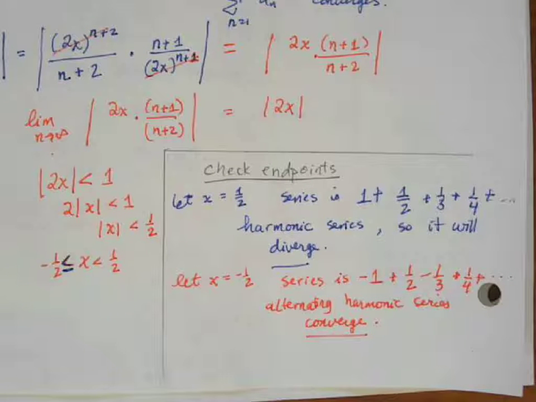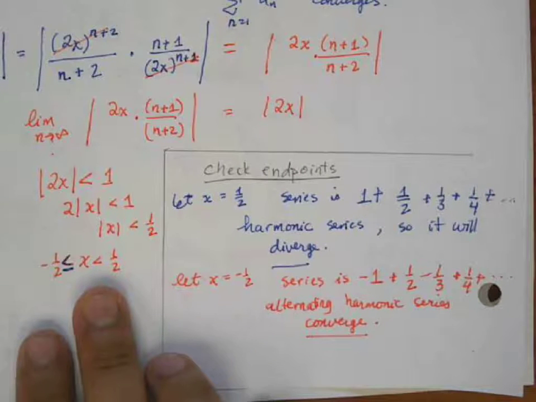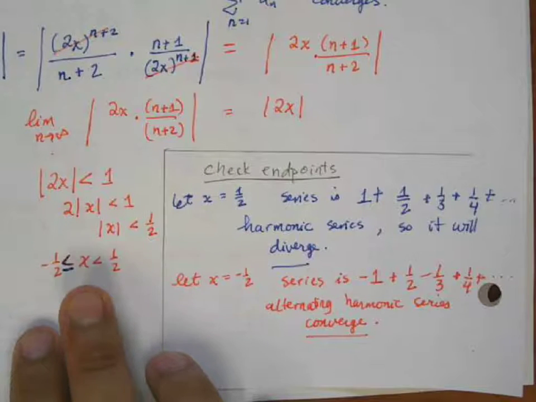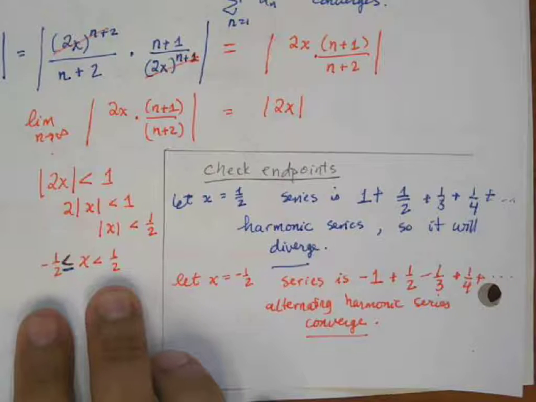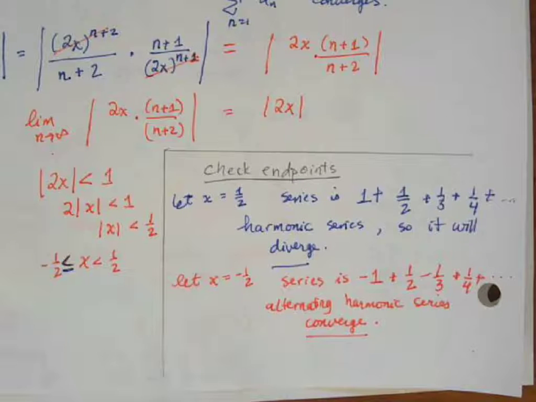So there we have it, an example of how to find the interval of convergence. Now if someone were to ask you for the radius of convergence, in this case it would be 1/2. The center here is at 0, since the middle point between negative 1/2 and positive 1/2 is 0. So it's centered at 0 with a radius of 1/2.